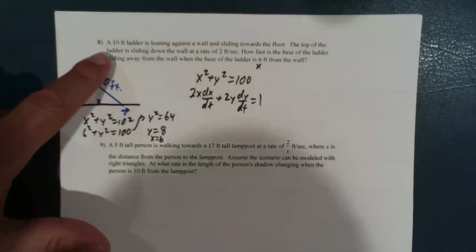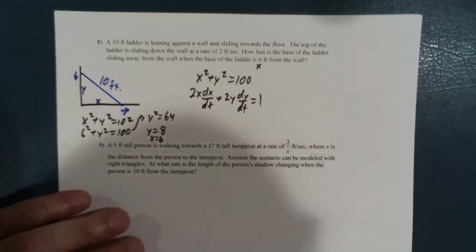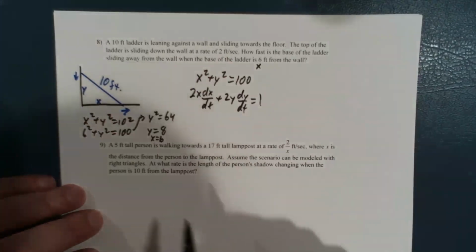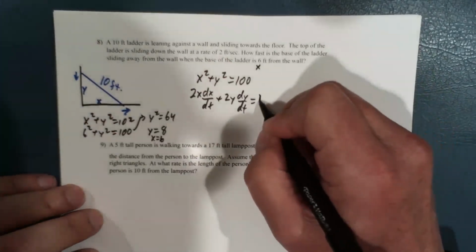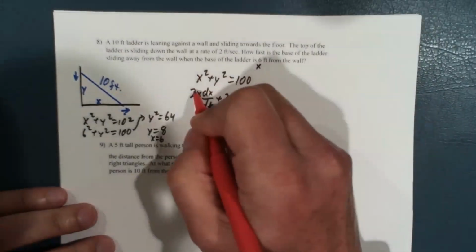Now it says the top of the ladder is sliding down the wall. So that's going to be dy dt. And it's going down the wall, which means that's a negative 2 feet per second. I'm going to divide the 2's out. They're gone. So I'm just going to ignore them.